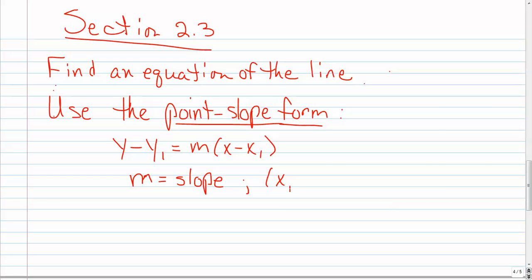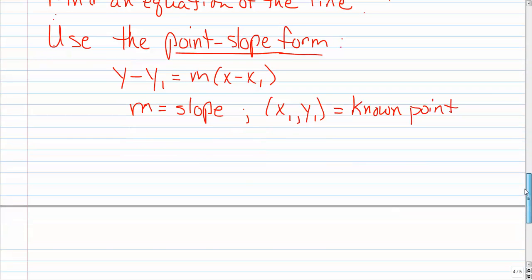The ordered pair x sub 1, y sub 1 represents the known point on the line. So you have to either be given the point on the line or be able to find it. Those two things you have to have to use the point-slope form to find an equation of the line.